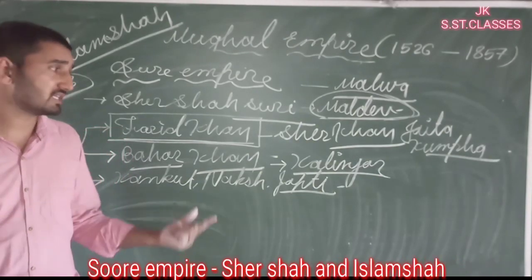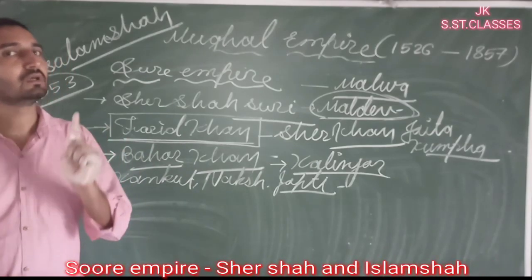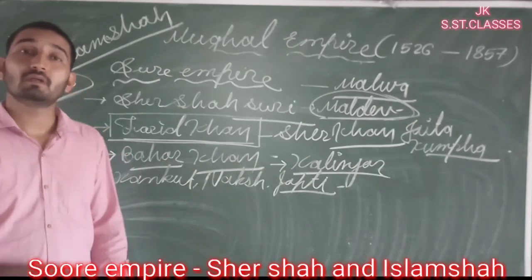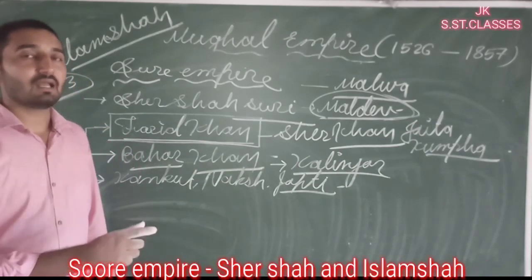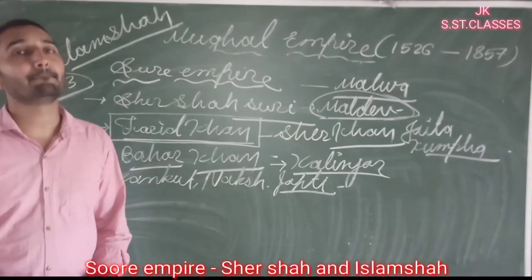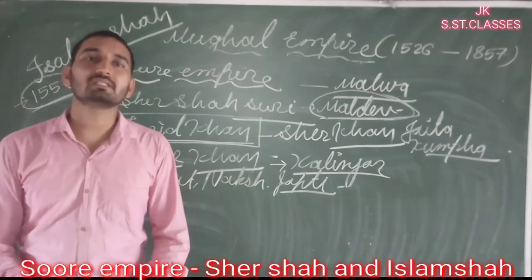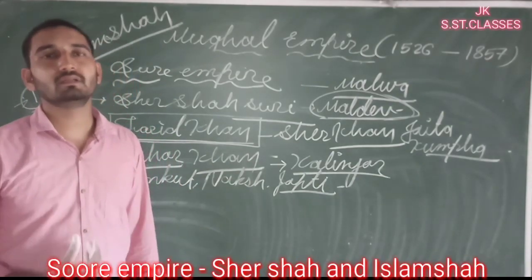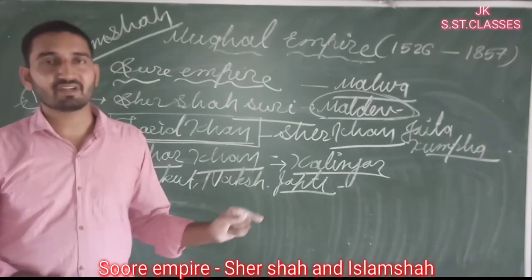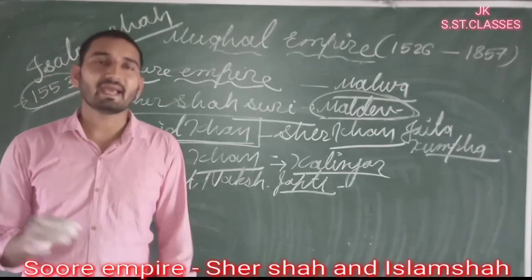Okay, Sher Shah constructed 4 major roads, out of which the longest one extended from Sonar village, Bengal to Peshawar, Pakistan. This road was initially known as Sher Shah Road and later renamed as Grand Trunk Road. The evidences of this road we find in present time also.